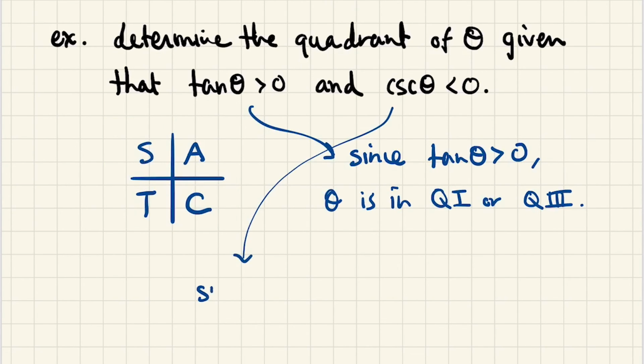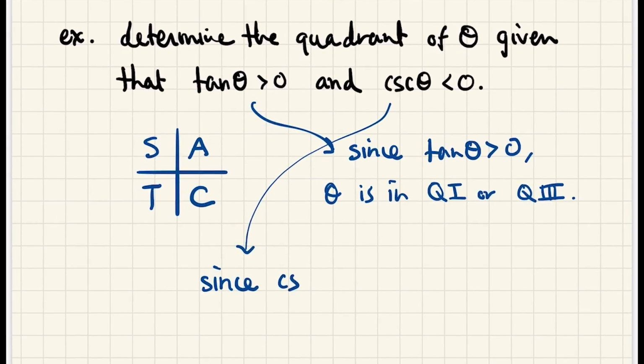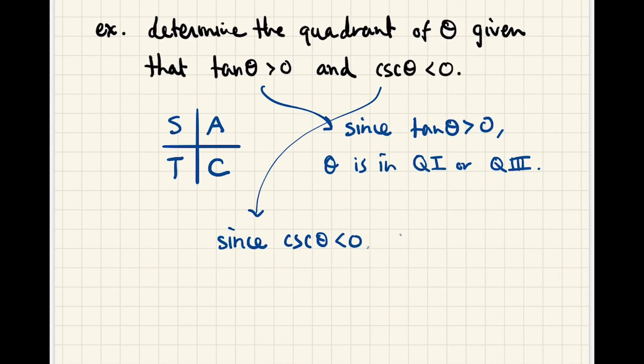Now, since cosecant of theta is negative, theta is in, well, where's cosecant positive? All the functions are positive in the first quadrant, so this rules out the first quadrant. In the second quadrant, sine is positive, and therefore cosecant is positive, so that rules out the second quadrant.